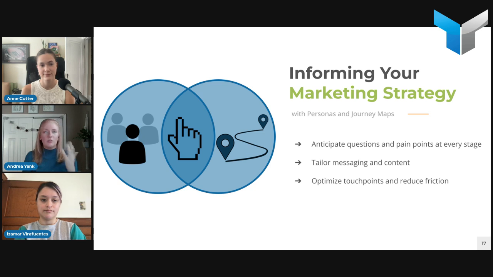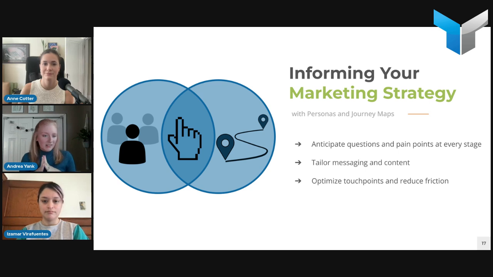Look at those pain points, what they're looking for, the information they're looking for, and make sure your messaging aligns to that, which brings me to the second point, tailoring your messaging and content. Don't serve them absolutely everything you think they need at every phase, because you're giving them way too much to think about at once and overwhelming them.